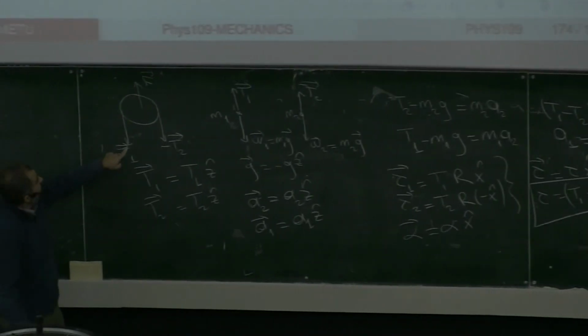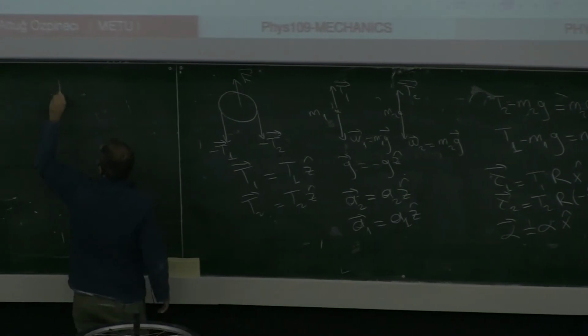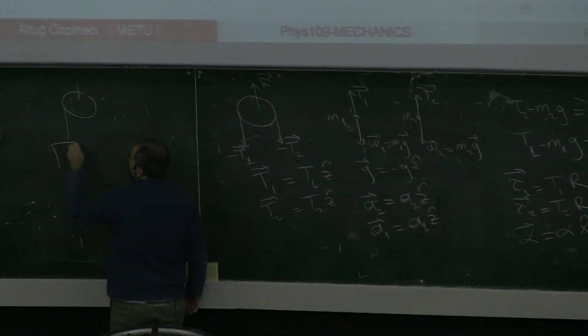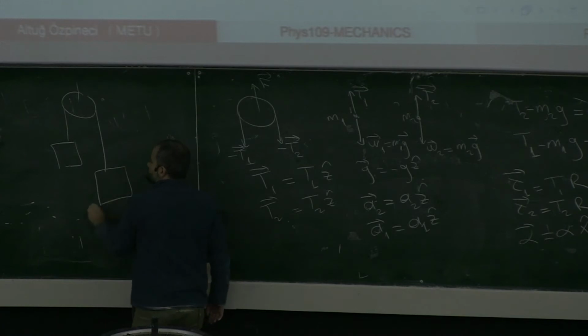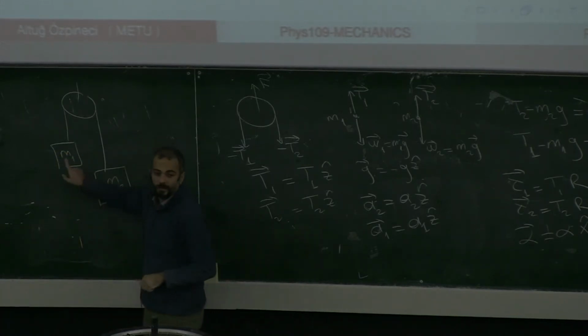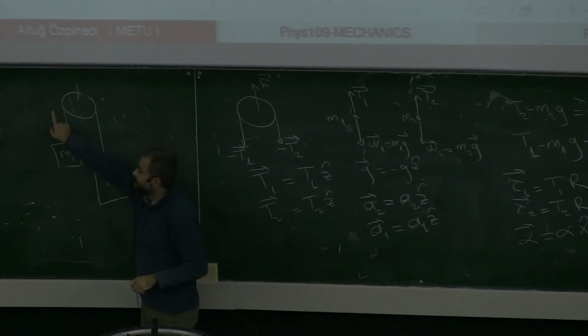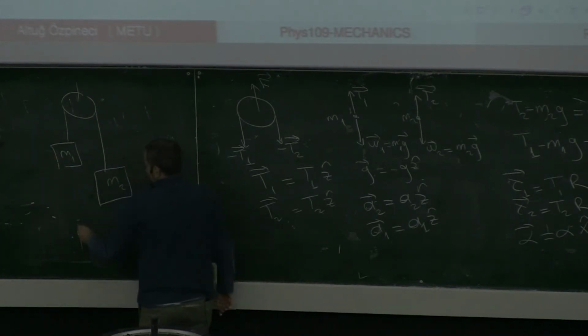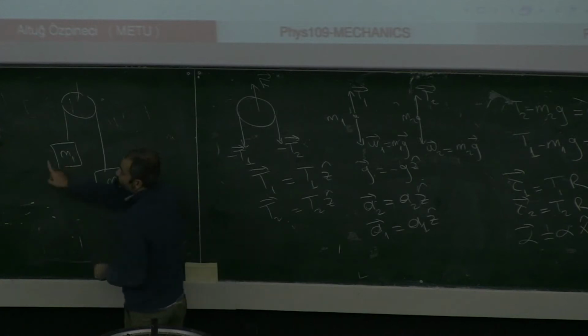Now, the acceleration of, okay, so this is my pulley. Here I have my masses, M1 and M2. If M1 is accelerating upwards, then this point is accelerating in this direction, and this point in this direction. They all have tangential accelerations. And the tangential acceleration, if A1 is, let's say, positive, then this is going up.